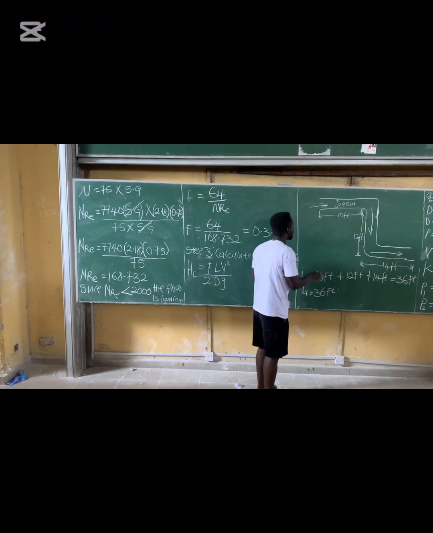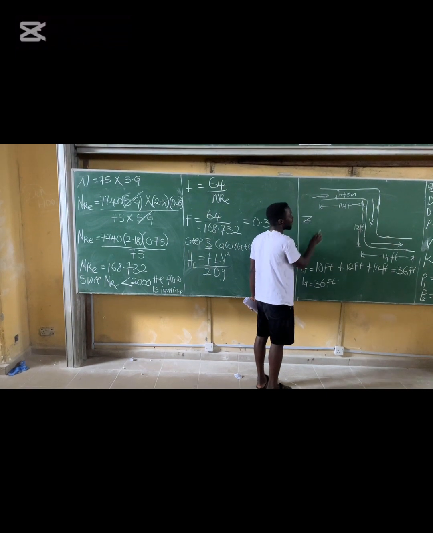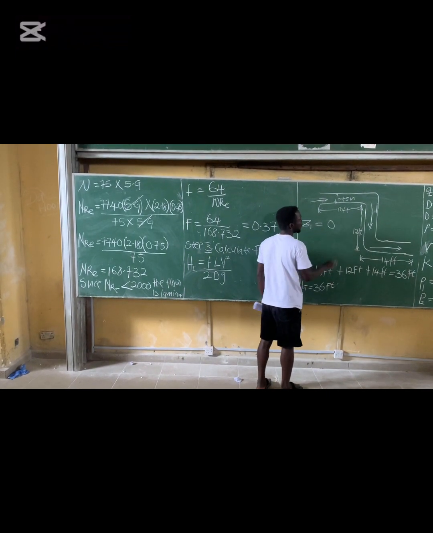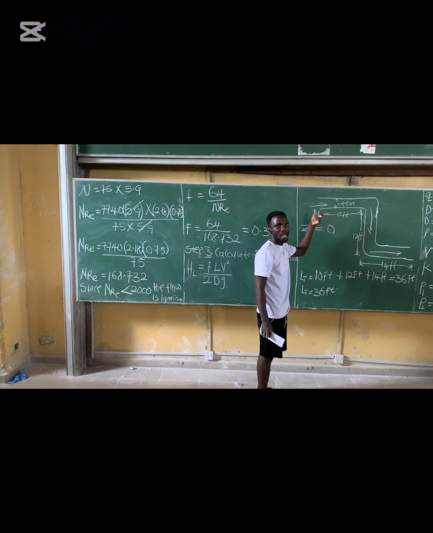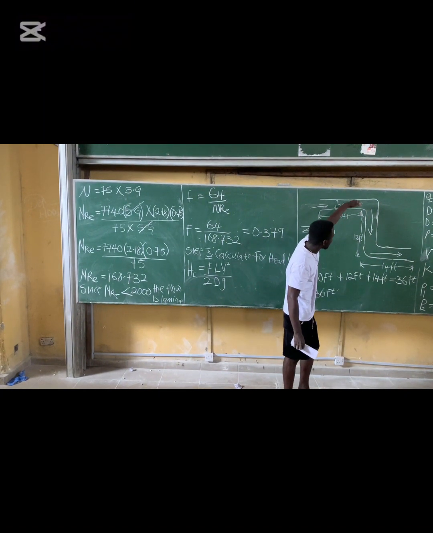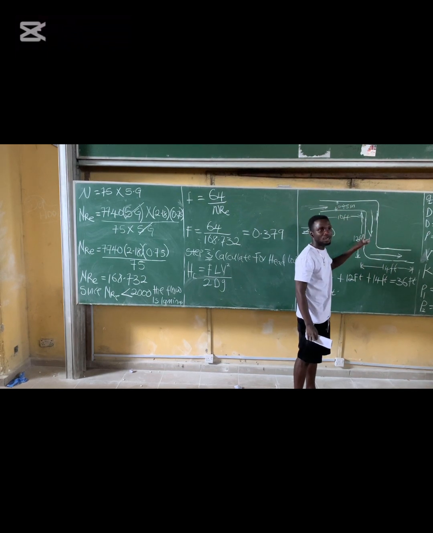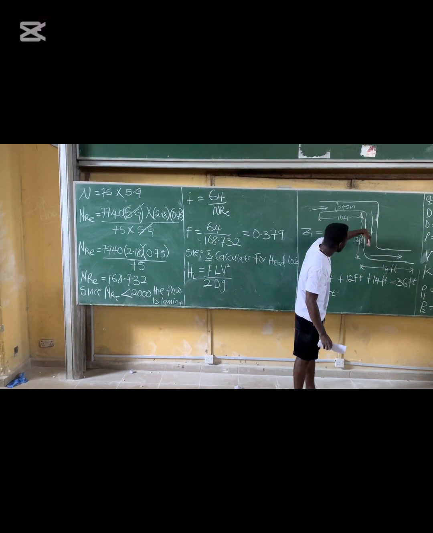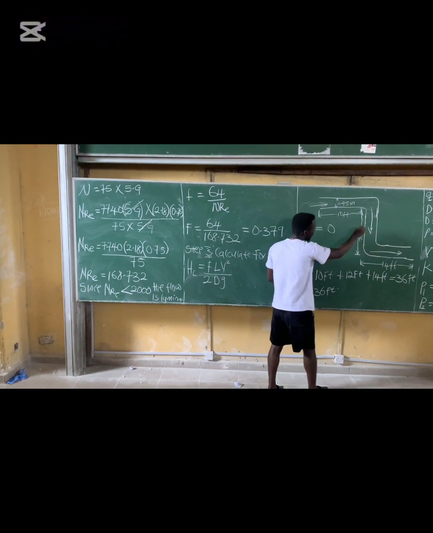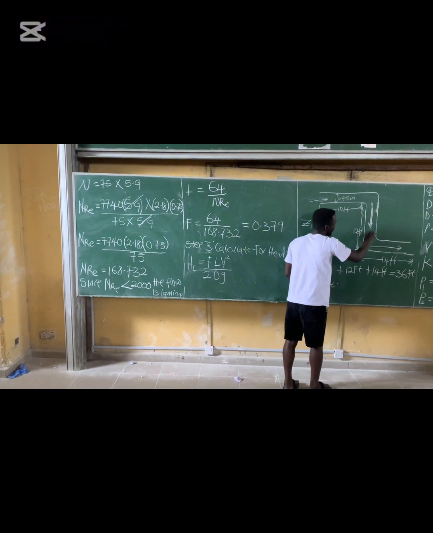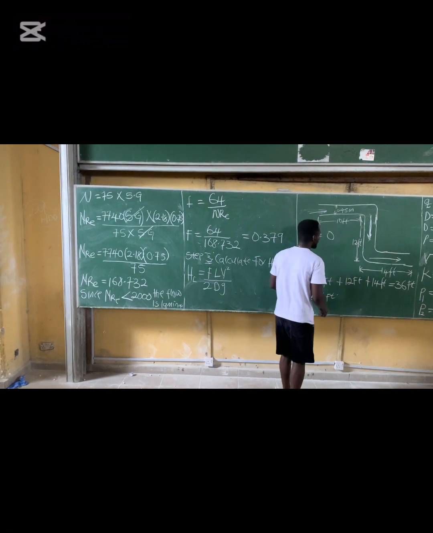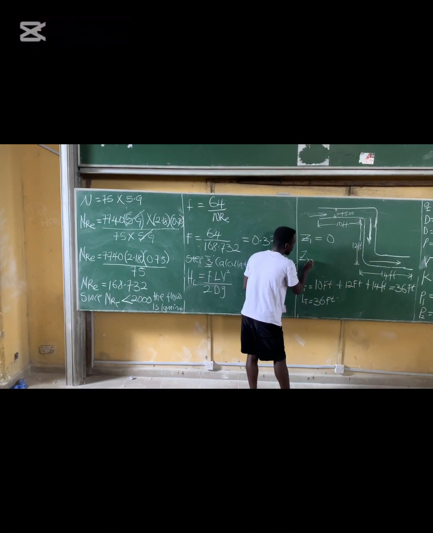You can simply say that Z1, the elevation at the beginning of this pipe, is equal to 0 because there is no elevation. Then at this point, the flow is deviated into a 90-degree vertical pipe. Remember, the flow is going downward. I simply call it Z2.